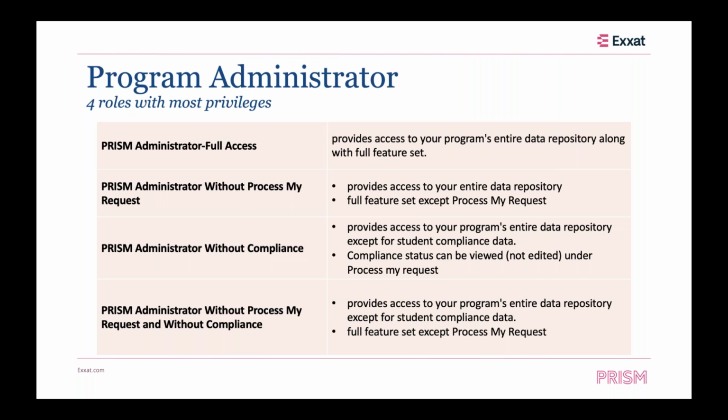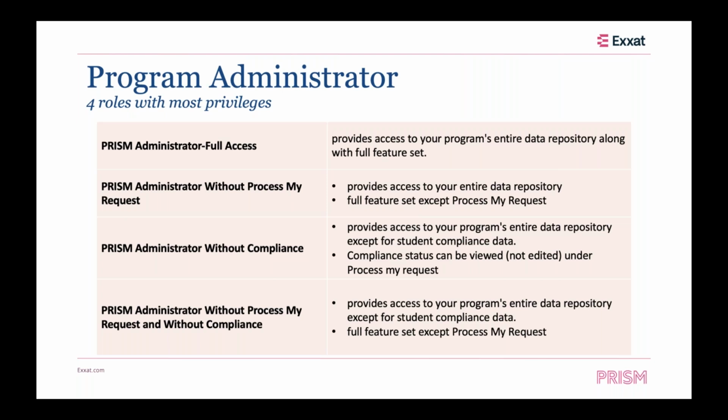And the third role is administrator without compliance. This role helps our customers to differentiate between responsibilities of compliance and everything else, because compliance is very sensitive data. There are HIPAA considerations along with it.